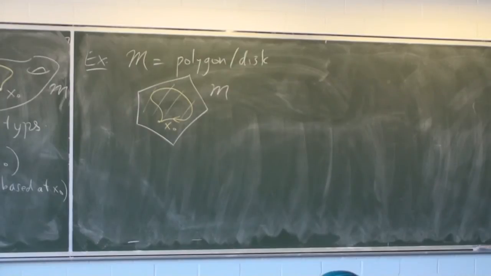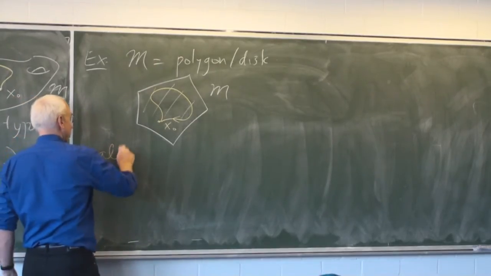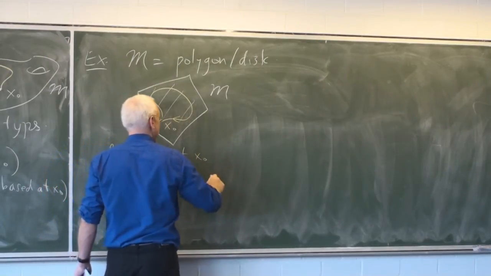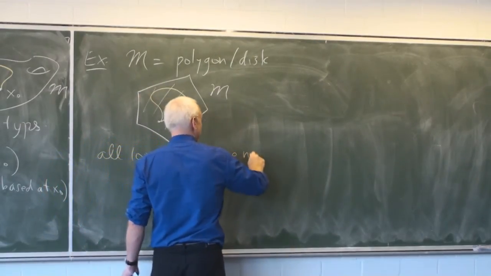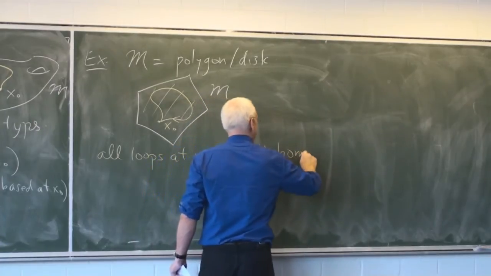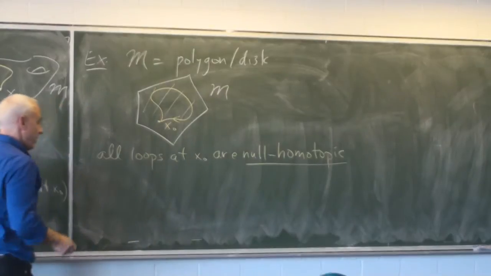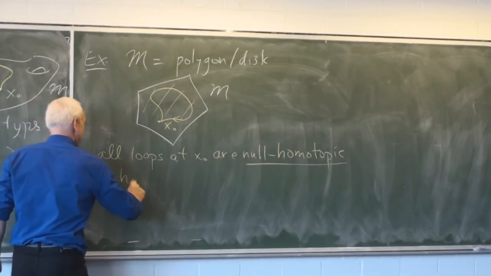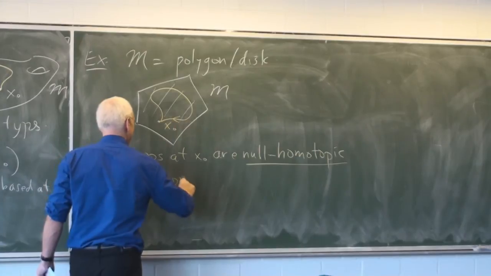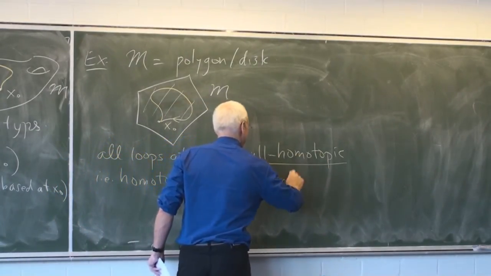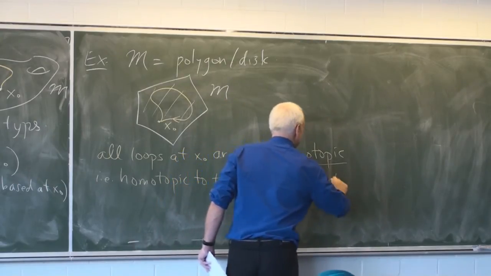They start and end at x0, yes. Well, the main fact is that all loops at x0 are null homotopic. Now that's a fancy word for, i.e., they are homotopic to the constant loop at x0.